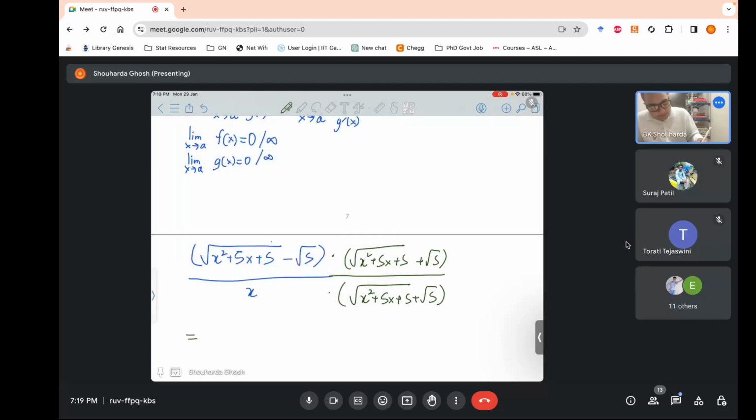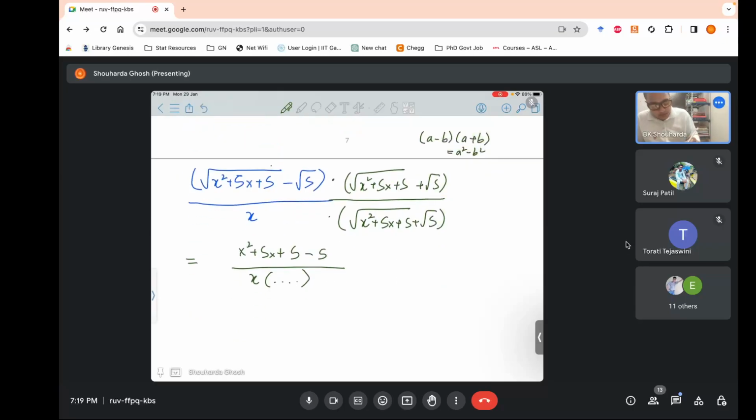So this is of the form a minus b times a plus b, that is a square minus b square. So you open up the roots: x square plus 5x plus 5 minus 5 by x times this thing. I am just putting it in brackets for now. I simplify them, 5 and 5 cancel. We have x square plus 5x in the numerator, x times this something in the denominator.